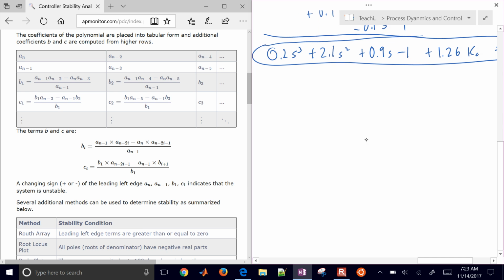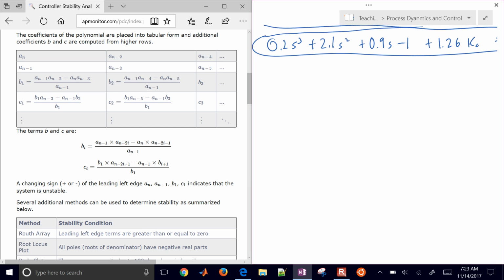Okay, so we're going to create this matrix and then look for where the leading left edge is going to be positive. So I'll do 0.2, 2.1, 0.9, and then -1 plus 1.26 kc.